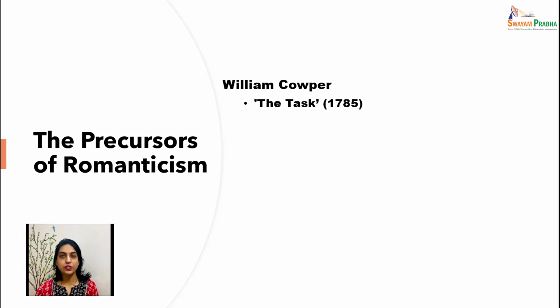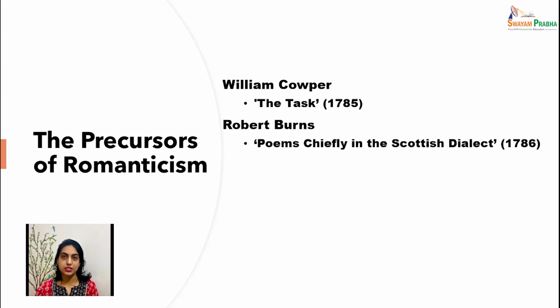Further, the Scottish poet Robert Burns is also a prominent precursor of Romanticism, whose work, Poems, Chiefly in the Scottish Dialect, that came out in 1786, manifests his interest in folk lyrics and ballads. The picturesque landscape and the country life that he portrayed in this book influenced several writers of the time.